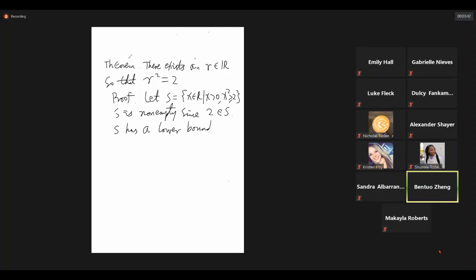What is the lower bound? It's clear 0 is a lower bound because all the elements in S are greater than 0.